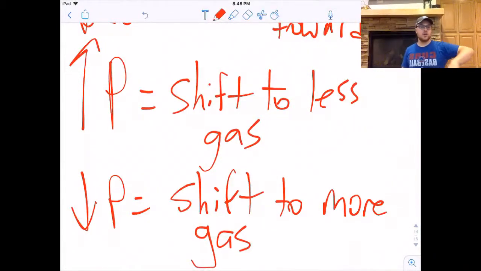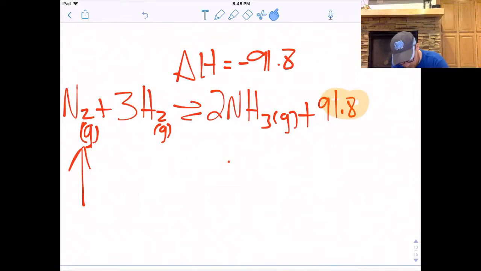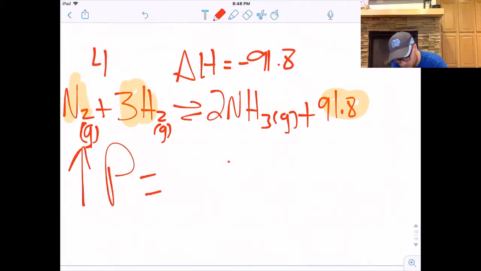So an increase in pressure will shift to a side where there's less pressure, which is a side where there's more volume, which is the side where there's less gas. So this shifts right. So we'll see an increase in the production of NH3 and a decrease in the production of N2 and H2.